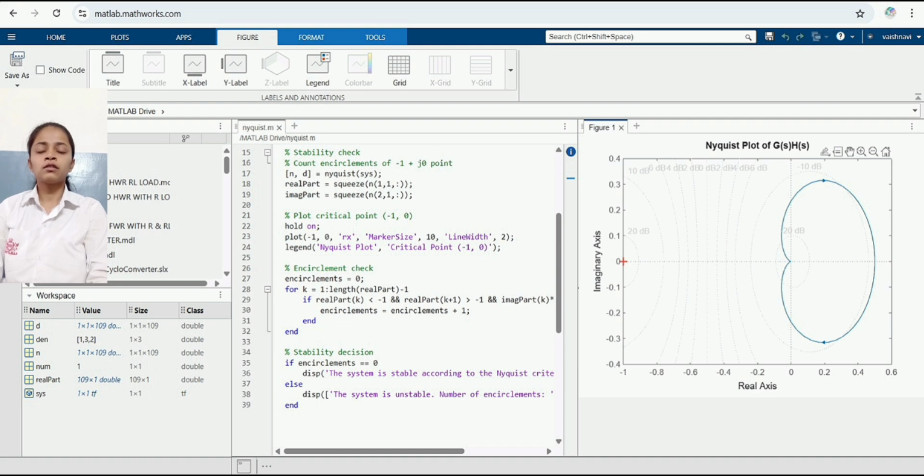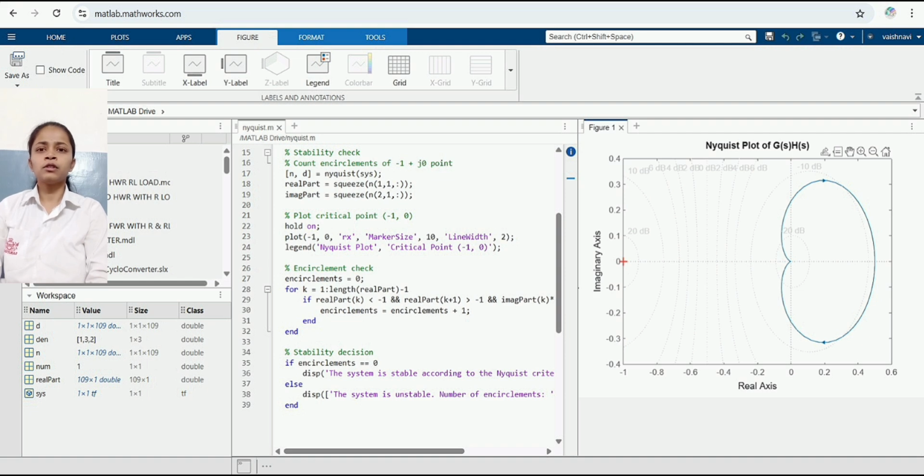Based on this, and the knowledge of how many poles the open loop system has in the right half of the complex plane, you can predict if the closed loop system is stable. In simple words, if the plot encircles the critical point the right number of times according to the rule, the system is stable. If not, it's unstable.